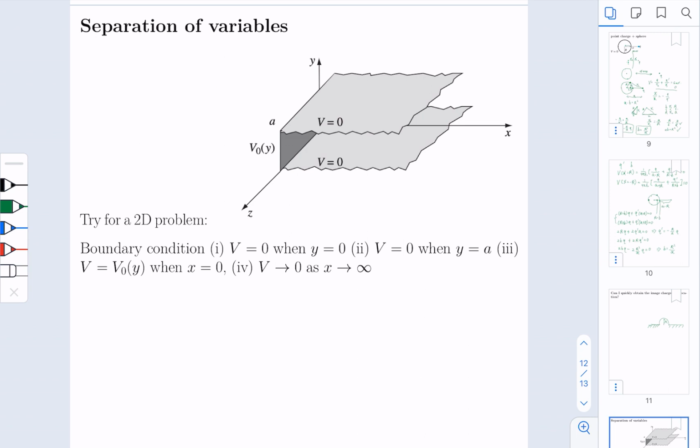So for example, here we look at a 2D problem, and it's still a partial differential equation.